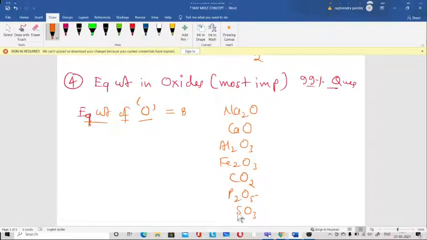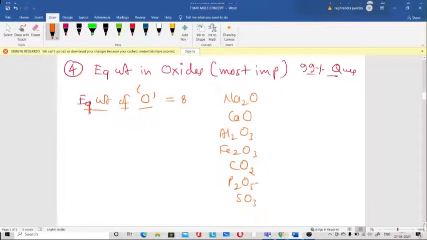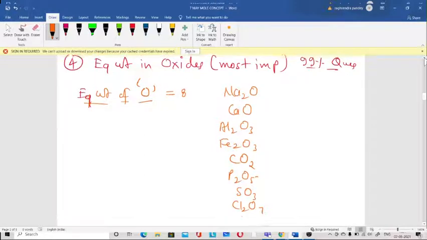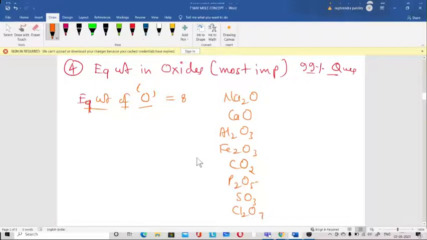The elements sulfur, phosphorus, carbon, aluminium and all that are connected in this manner. You can take xenon, chlorine oxide also.